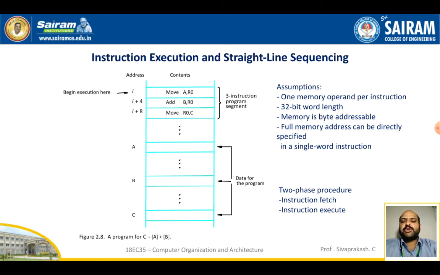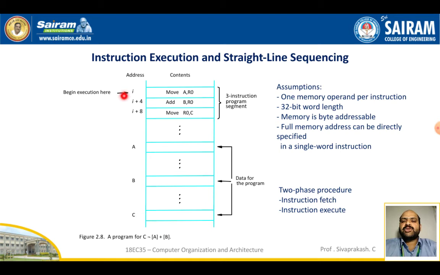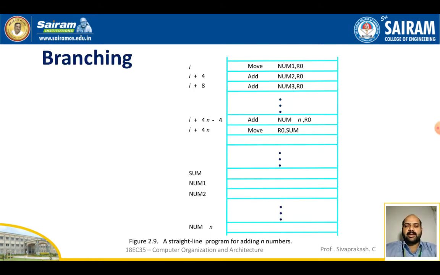The second instruction is at I plus 4: Add B, R0. Then Move R0, C, and it goes on like this. This is how the instructions are executed.